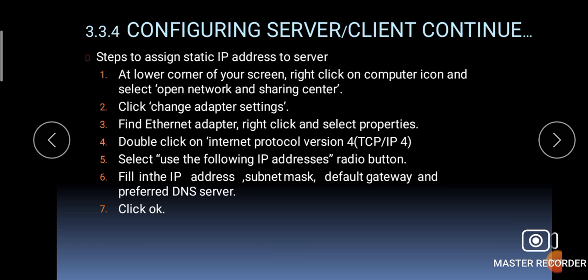Then double click on Internet Protocol Version 4, that means TCP/IPv4, select the radio button Use the following IP address, fill in the IP address, give the subnet mask, default gateway and preferred DNS server, and finally press the OK button.